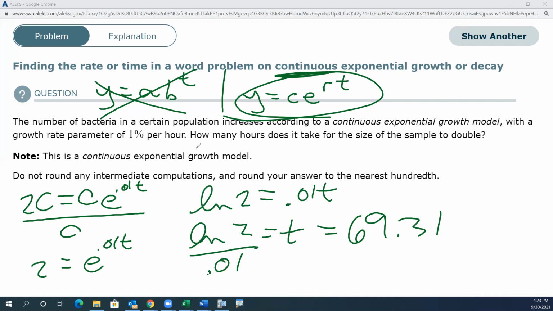Let's see, exponential growth. What's the growth? Oh, we're measuring in hours. So 69.31 hours. That's going to take almost 3 days, just about 3 days for the population to double. Wow. Bacteria definitely reproduce faster than humans or even rabbits. Okay. But that's how it's done.